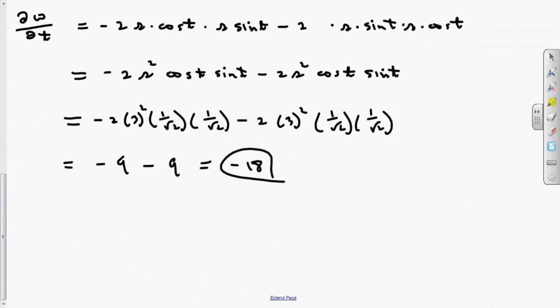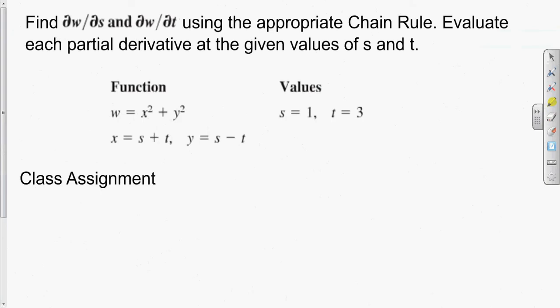But I want you to see if you can work this one out. Yes, sir. S equal 1, T equal to 3.